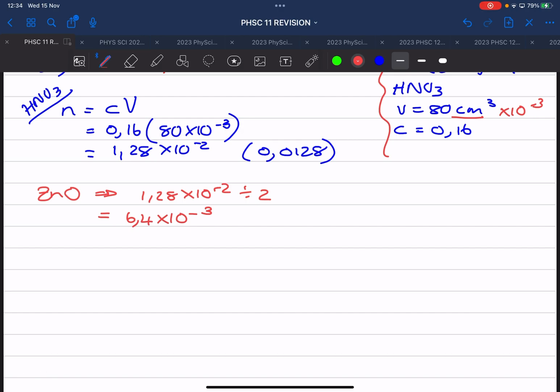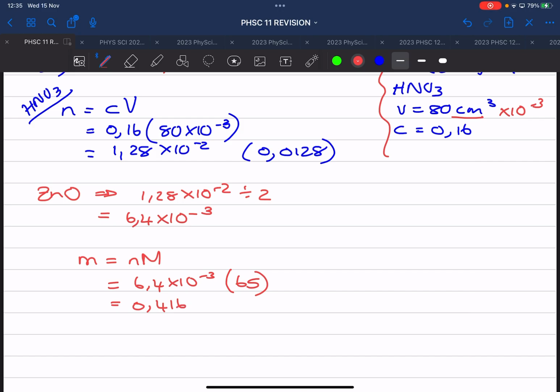But they did not ask for the mole, they asked for the mass. So mass is mole times molar mass. En sink sinne is dink ek 63.5. 65, julle is reg. En ek kry 0,416.